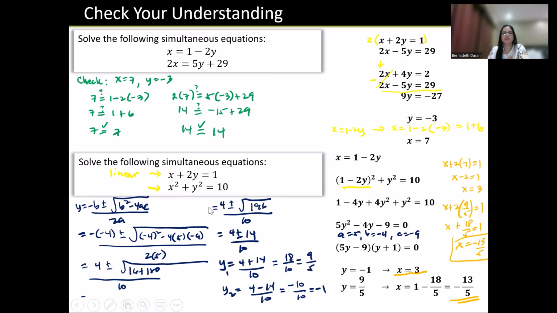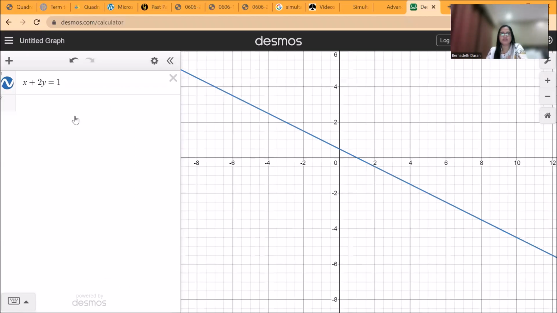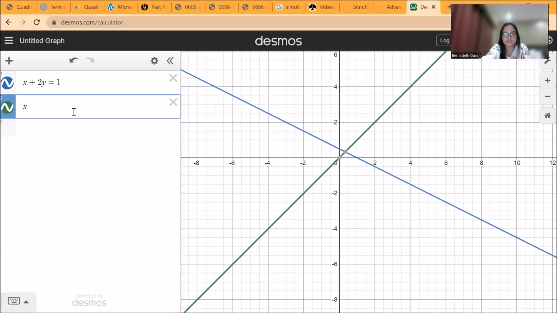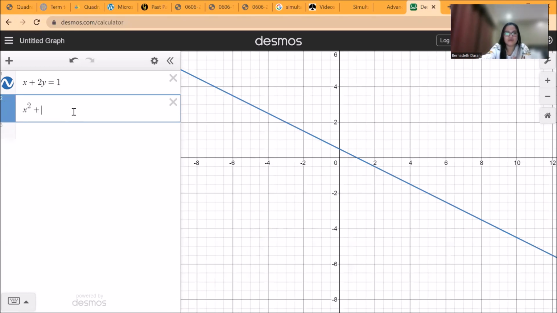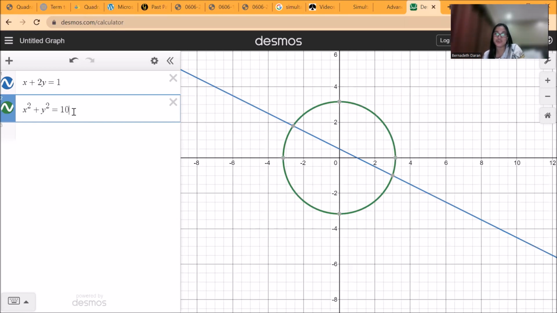How about this one? X squared plus y squared is equal to 10. So you see that is an equation of a circle.